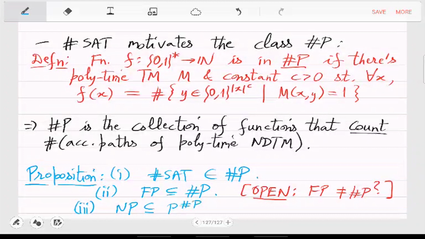So NP is in P raised to #P, and this whole business can be done in PSPACE. So here we are allowing #P as an oracle, a functional oracle, right? And #SAT is in PSPACE because in the same space you can actually just enumerate all the satisfying assignments. So these are the basic properties.